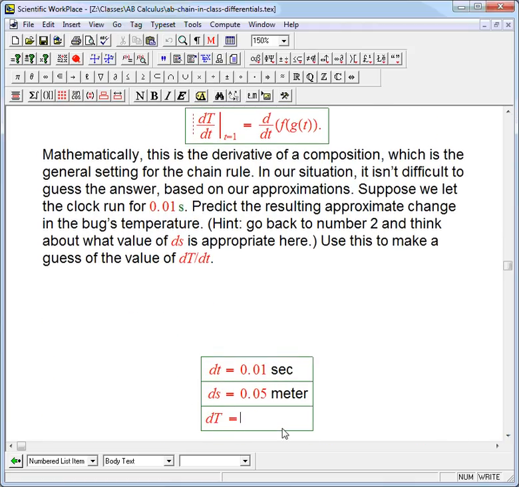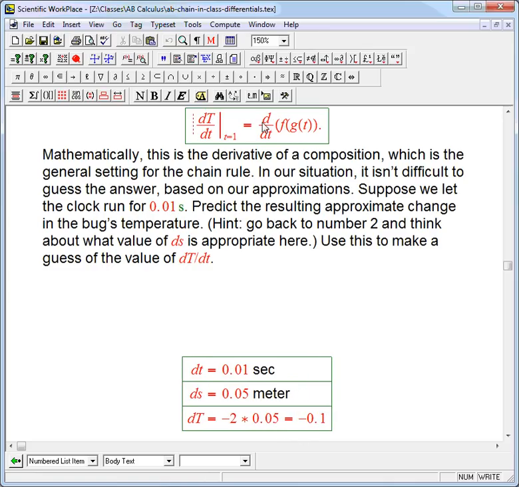I just plug that in, it's going to be minus 2 times 0.05, which is minus 0.1, and that's going to come out in degrees Celsius.